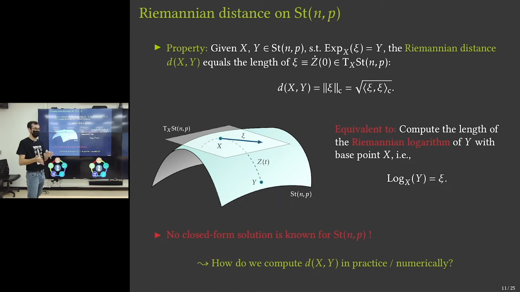So first we compute the logarithm mapping, and then we compute the norm of this tangent vector. So it is equivalent to computing the length of the Riemannian logarithm of y with base point x. First compute the logarithm, we get psi, and then compute its norm, and this gives us the distance between the 2 points. So this is the idea.